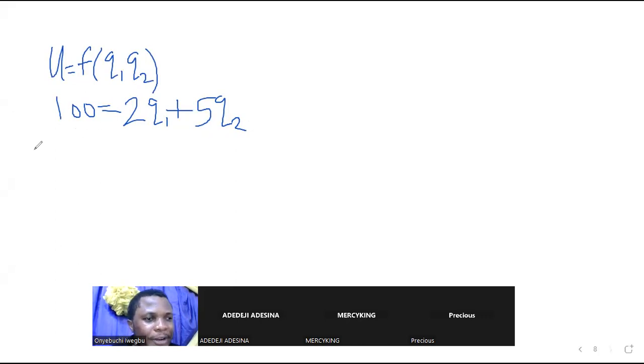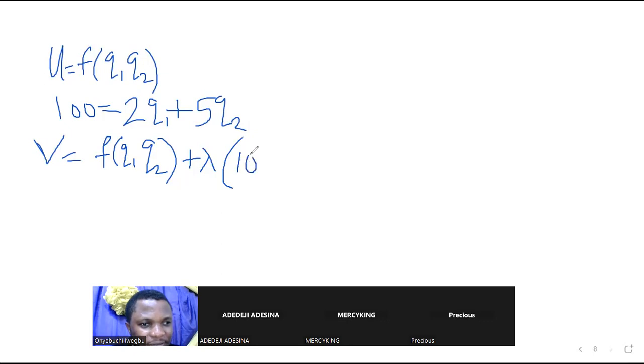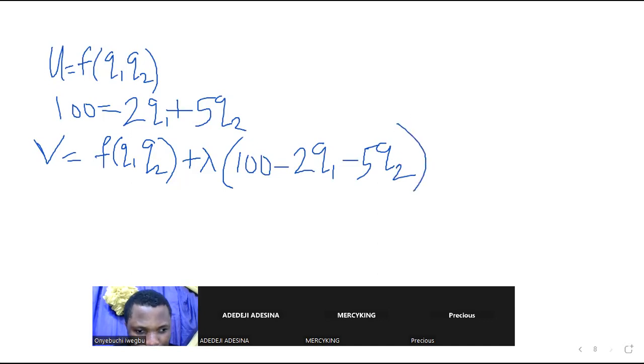Okay, so my Lagrangian is set up as V equals F of Q1, Q2, plus lambda, and then I will now have 100 minus 2Q1 minus 5Q2.